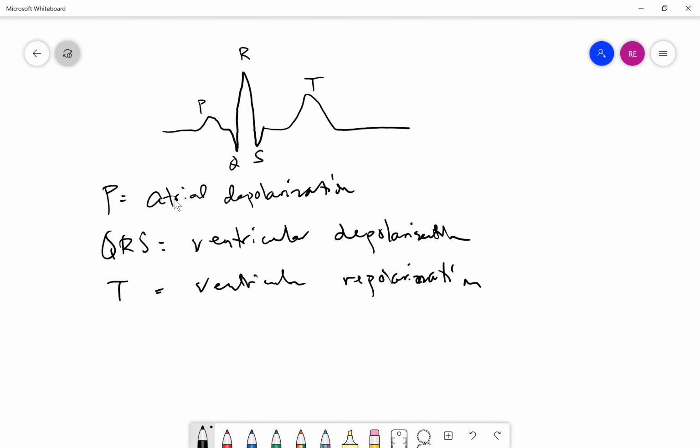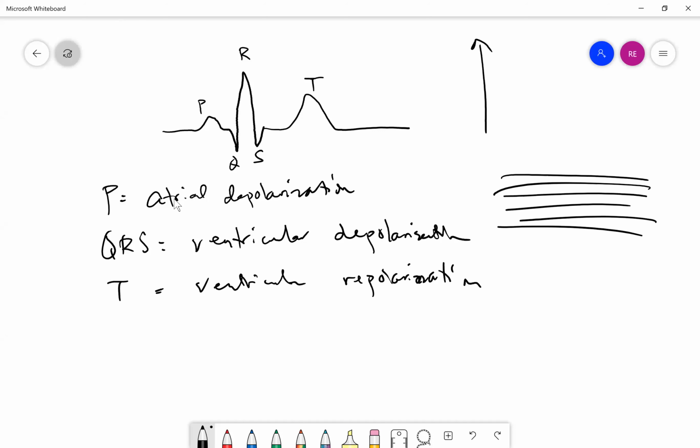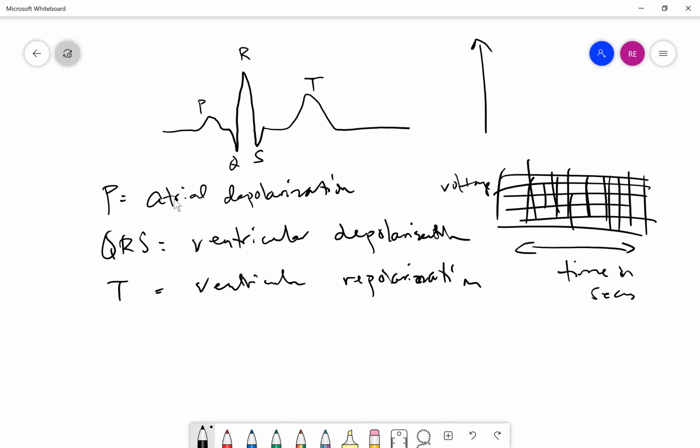Now, these are all electrical activity. So this is on an EKG sheet. EKG paper has vertical lines and horizontal lines. The vertical line is voltage, whereas the horizontal line here is time in seconds.